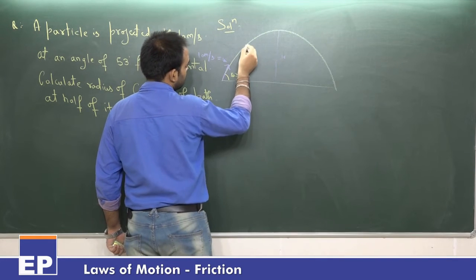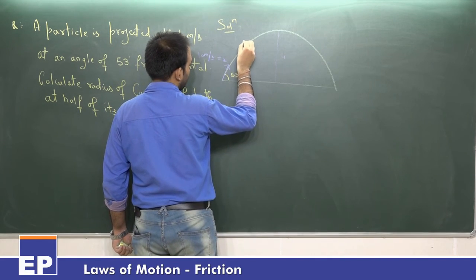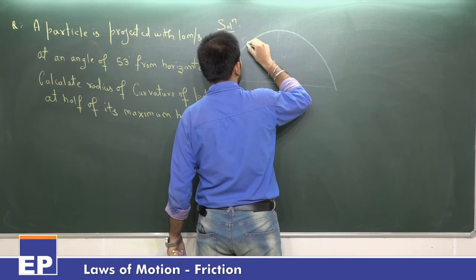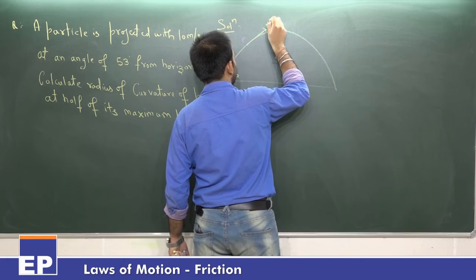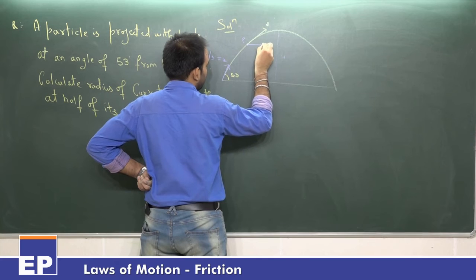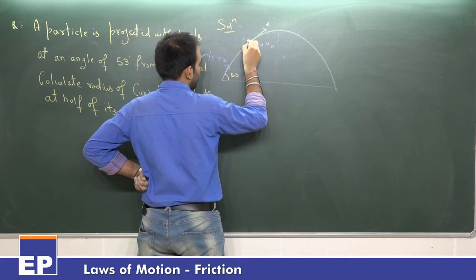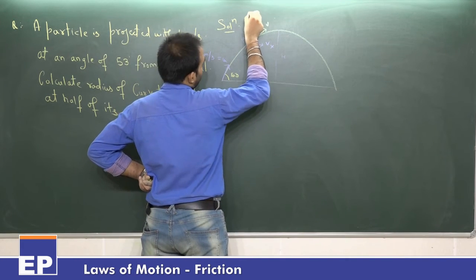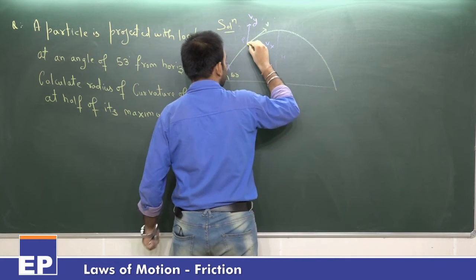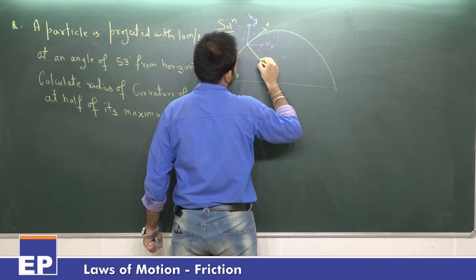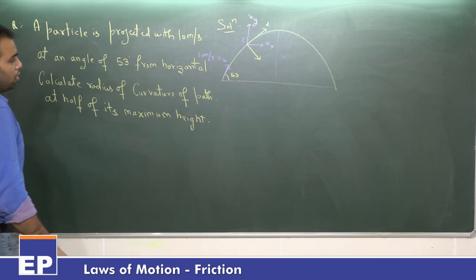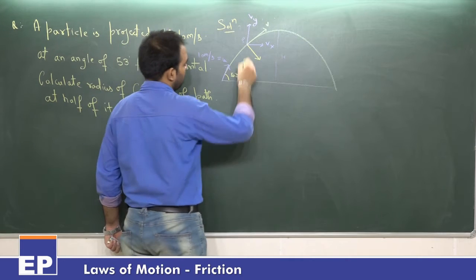This is H. This point is P. It has a tangential direction like this. The speed is in this direction, having two components. This is Vx and this is Vy. And the centripetal direction is this. This is the centripetal direction, at half of its maximum height.